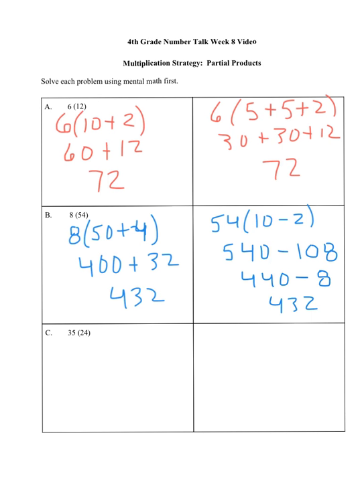We look at 35 times 24. We could say that 24 is the same as 20 plus 4. So if I double 35, that's 70. So 35 times 20 must be 700. If I think about 35, well, if I double 35 and that's 70, and if I double it again, well, wait, wouldn't that be 140?